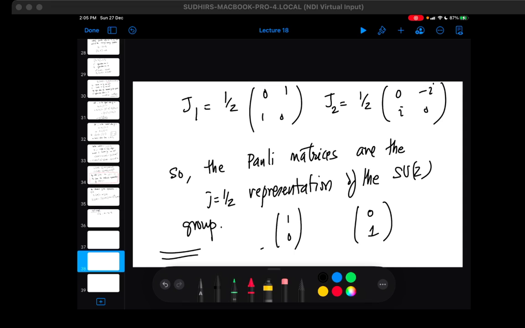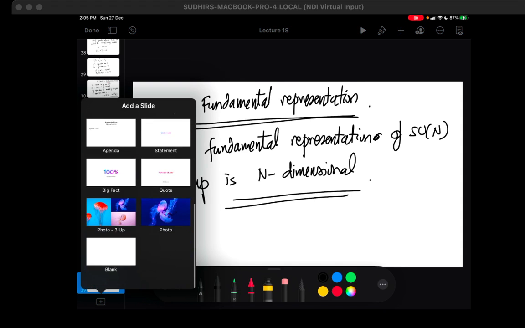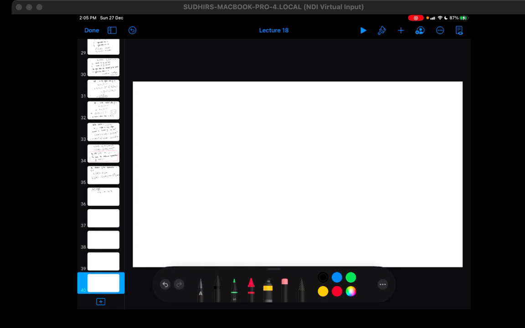Just to make things clearer, let's take a higher representation, which is essentially j is equal to 1. Now m takes values from minus 1, 0, 1.